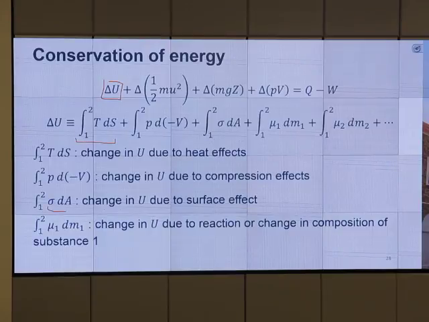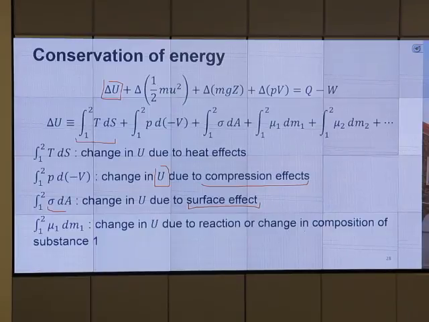Sigma is the change in the internal energy due to the surface effect. P dV is a change in internal energy due to compression effect. Mu1 dm1 is the change due to the change in the composition of substance, or the chemical potential.